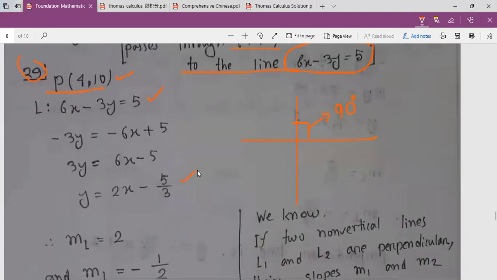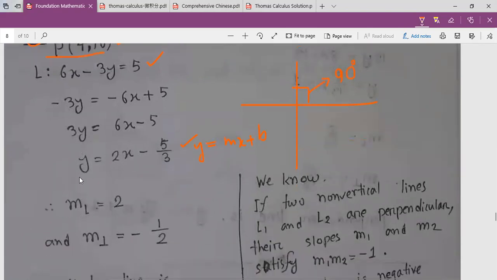So we have to again convert it to the general equation, y equal to mx plus b. So this is our general equation. Here the value of m is equal to 2 and the y-intercept, or the value of b, is equal to minus 5/3.